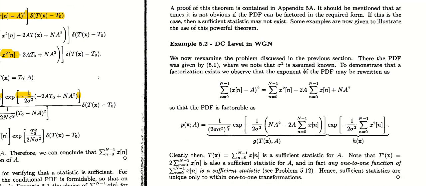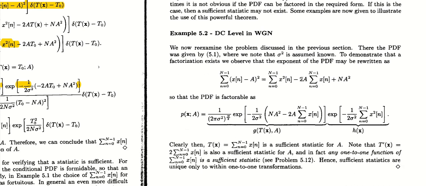Okay, so we want to double check this DC level in WGN. So let's write out the PDF of the DC level problem. There is a term, summation of x[n] minus A, squared, equal to this. This is just a second order polynomial, and you expand the polynomial, so you get this. So the PDF is factorable as this one.